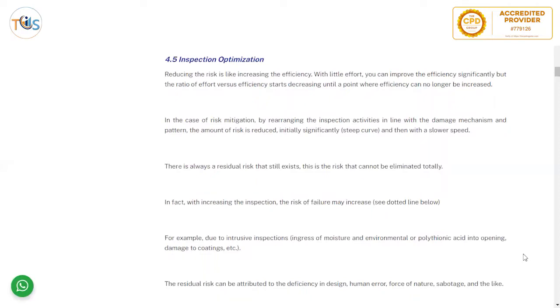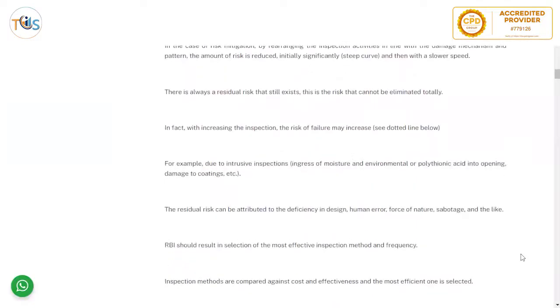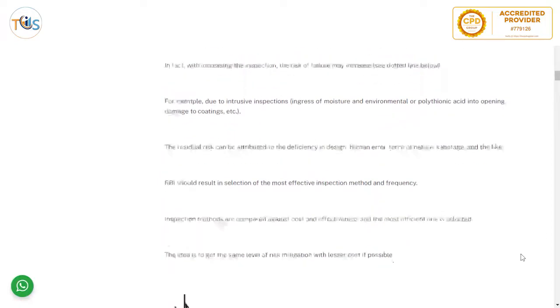There is always a residual risk that still exists. This is the risk that cannot be eliminated totally. In fact, with increasing inspection, the risk of failure may increase. For example, due to intrusive inspection, ingress of moisture and environmental or polythionic acid into the opening, damage to coating, etc.